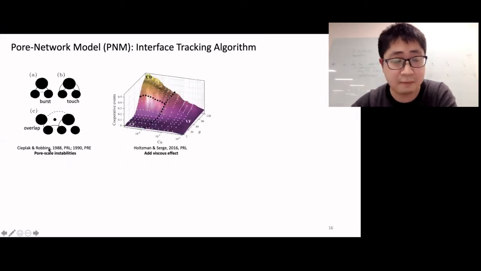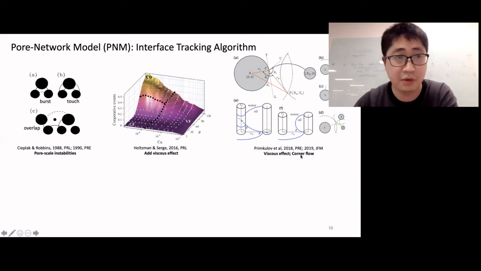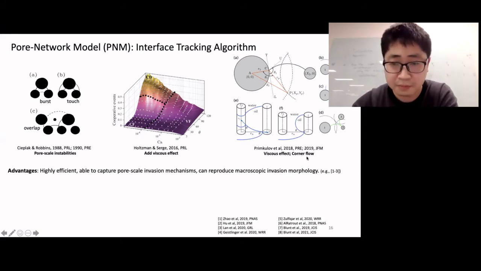And then this algorithm has been relatively recently extended to consider the viscous effect, and there are also some other works using different approaches to consider the viscous effect, or, in the quasi-static regime, they try to consider the corner flow effect, which is a 3D phenomenon. The advantage of this algorithm is that it's highly efficient.